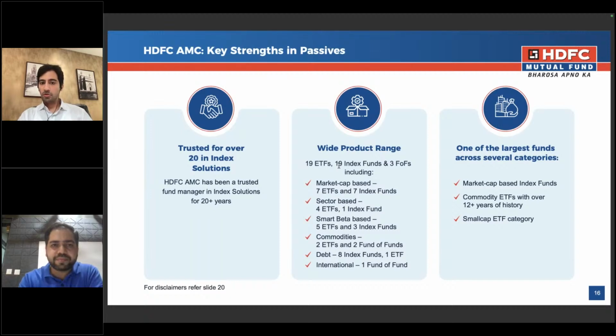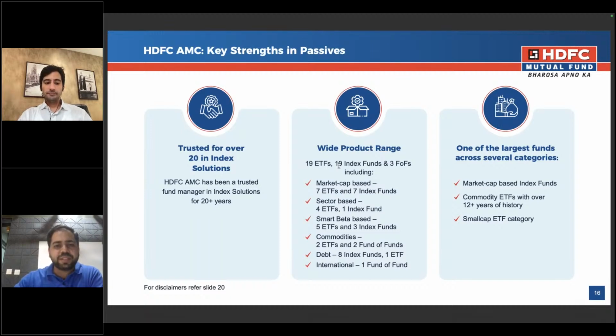We have a lot of experience across all the different categories: market cap based, sector, smart beta. Because of this 20 years of experience, our processes are also much more robust and sound. The underlying index is the same, but because our processes are quite robust, that helps in giving a low tracking error and tracking difference. That's what we hope investors will recognize and consider our product for.